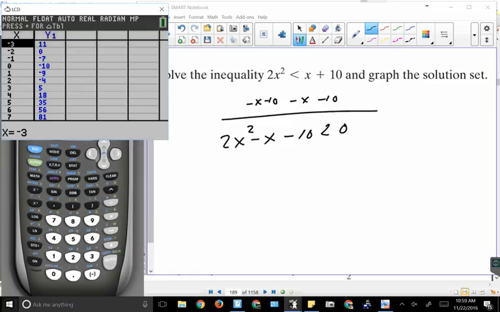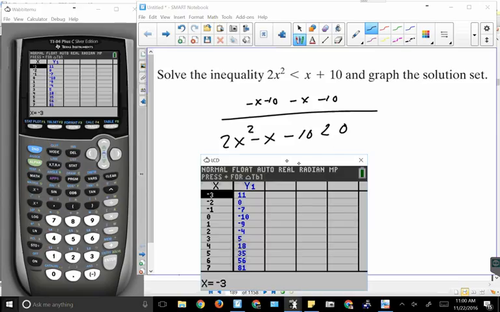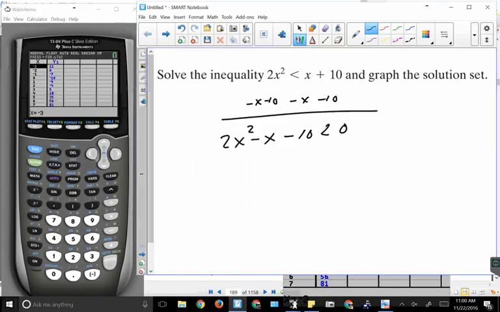We have a sign change there, so I know it's in there someplace. So I've got one of them. At x equals -2, we get a 0. And x equals what? We need to find the other 0.